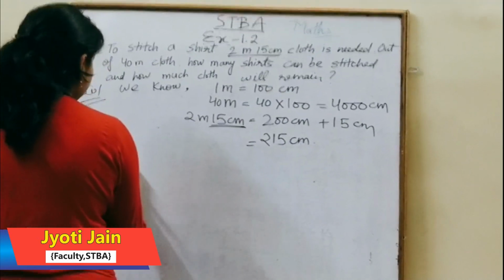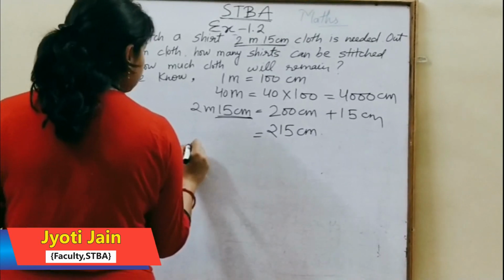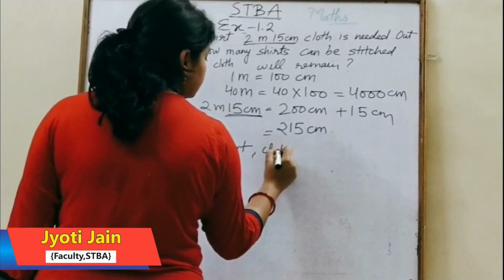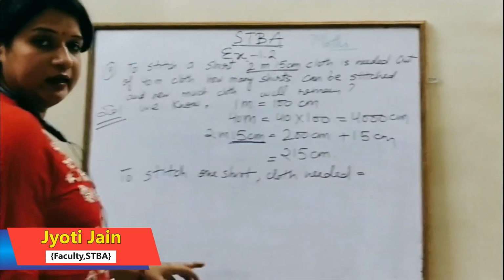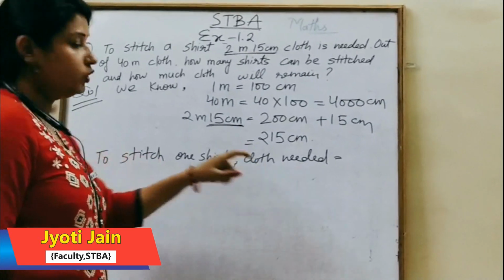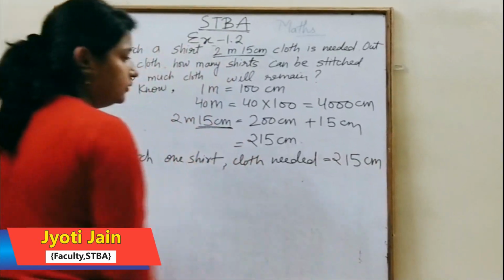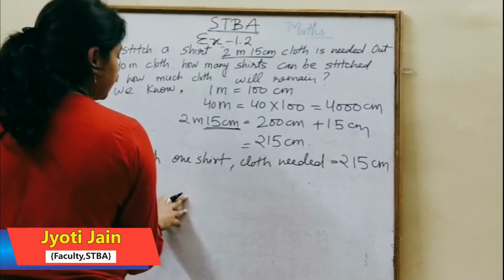So now come to the question. To stitch one shirt, cloth needed. एक शर्ट के लिए कितना क्लॉथ चाहिए? 215 centimeter. And how many shirts can be stitched?